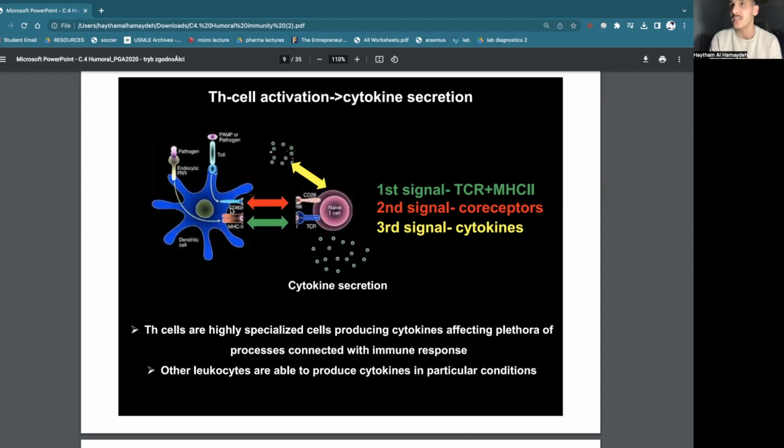So if, let's say, IL-2 is released, I think a T helper 1 is going to be produced. So first signal, TCR with MHC2. Second signal, CD28 combines with CD80 or 86. Third signal, cytokine release. When the antigen-presenting cell releases a cytokine, a receptor on the T cell detects it, and according to the type of cytokine detected, this T cell becomes that type.